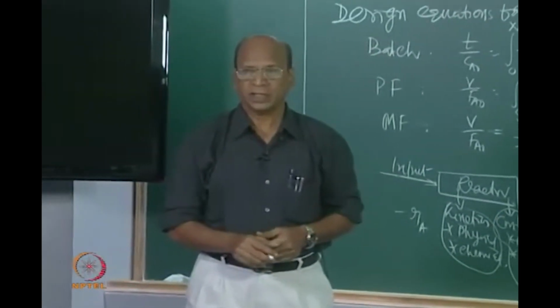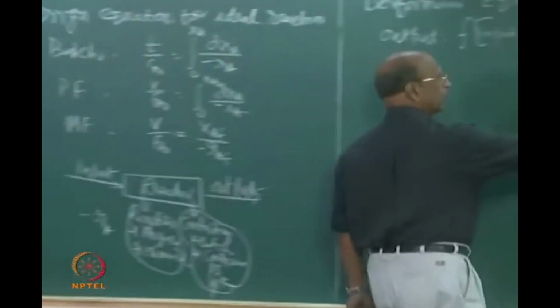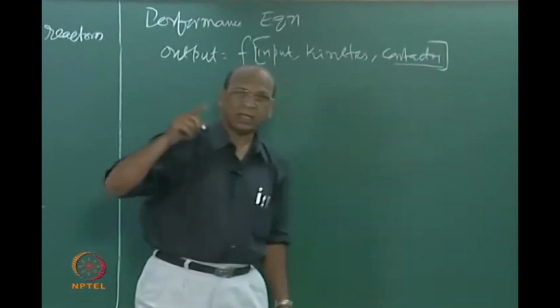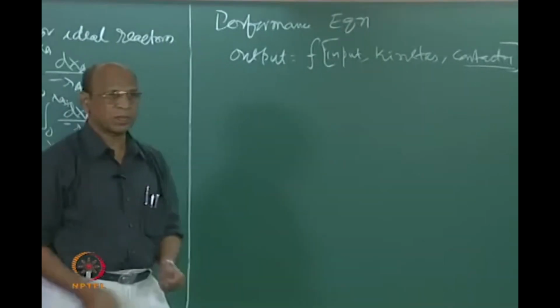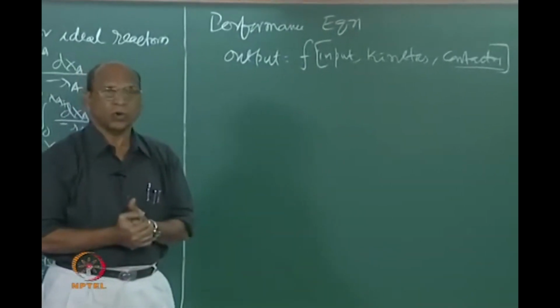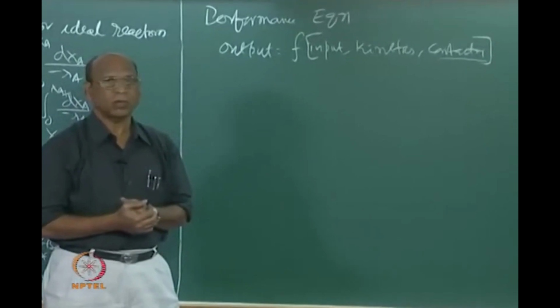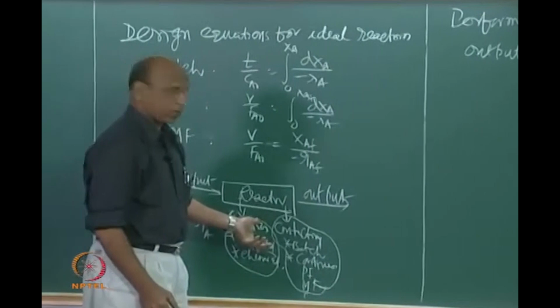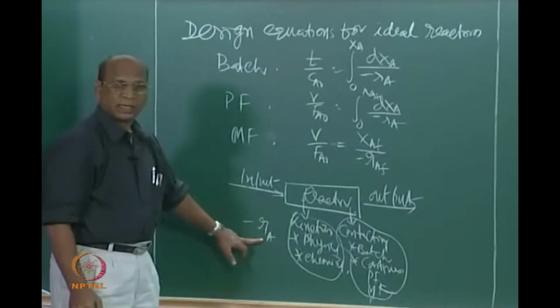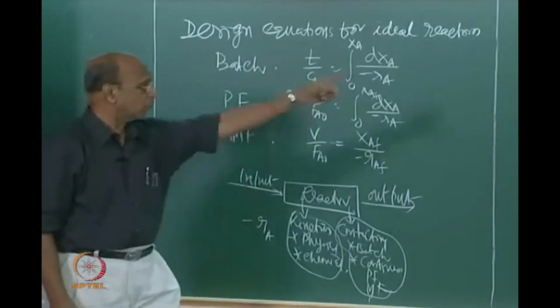You said contacting, that means you know how to choose a reactor. Then kinetics, we do not know, we have not discussed anything about how you get this minus R A. So, what about input?